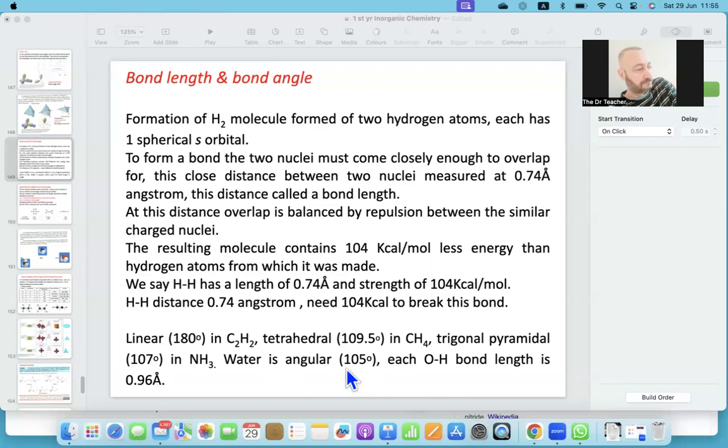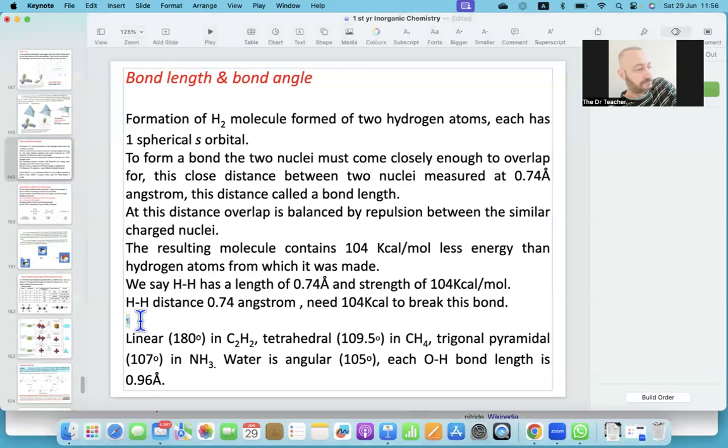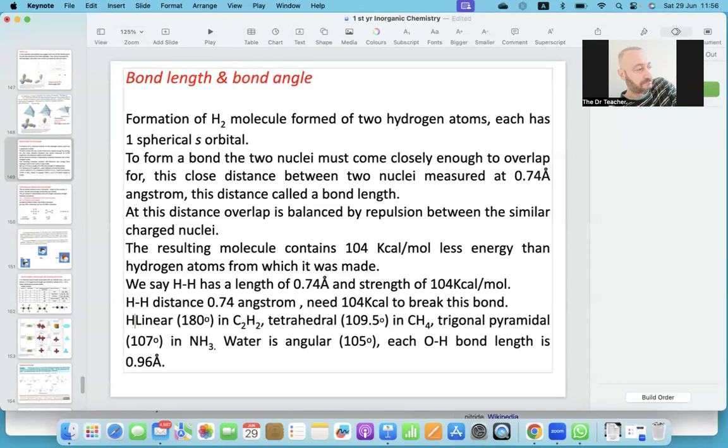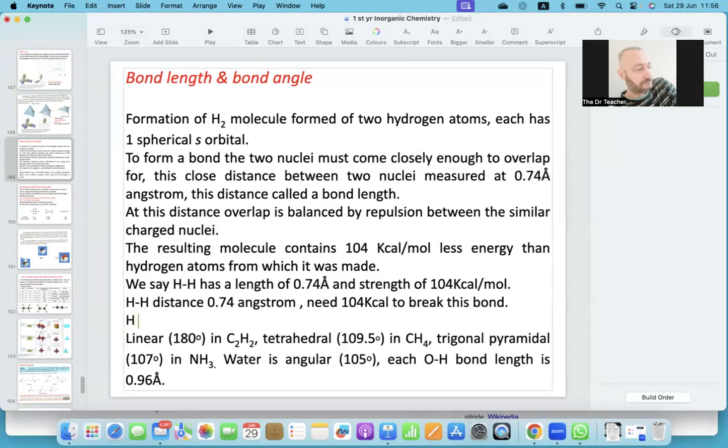Of course, we can't show a bond angle if it is linear, like the bond angle between hydrogen, carbon, hydrogen. So let's do it like this: hydrogen, carbon, hydrogen.